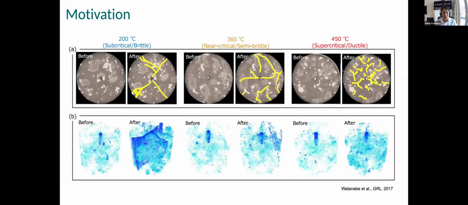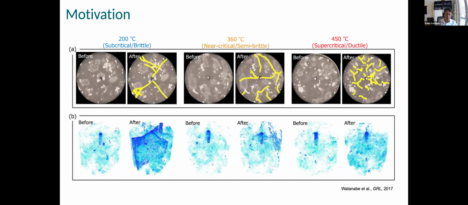So this is our motivation. This is a paper published in Geophysical Research Letters in 2017 by a group of people in Tohoku. They conducted hydraulic fracture experiments at 3 different temperatures, meant for supercritical geothermal: 200 degrees C, 360 degrees C, and 450 degrees C, on granite samples.